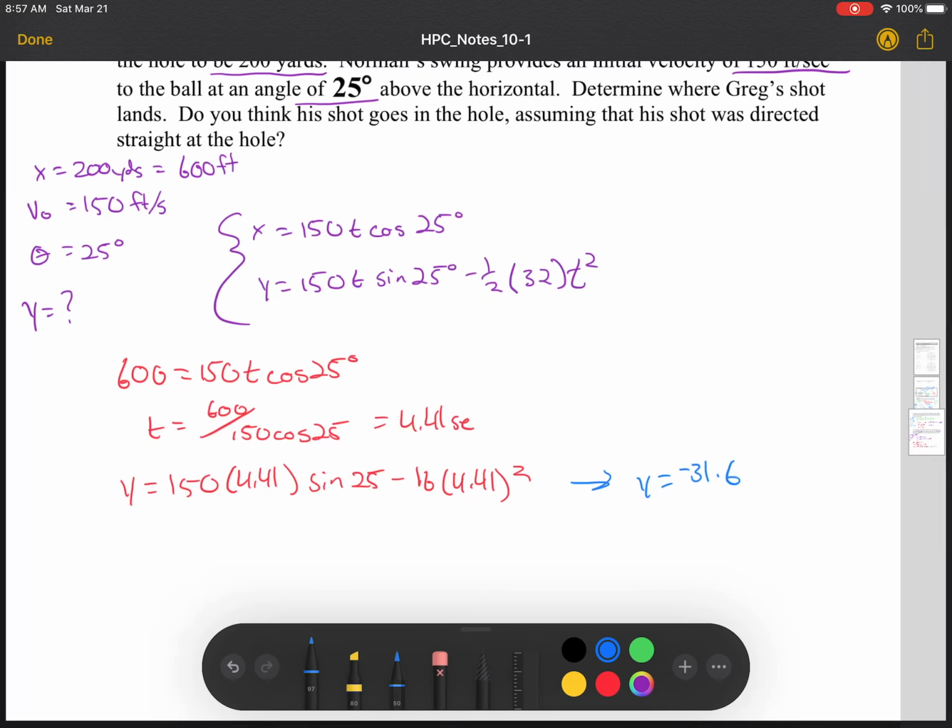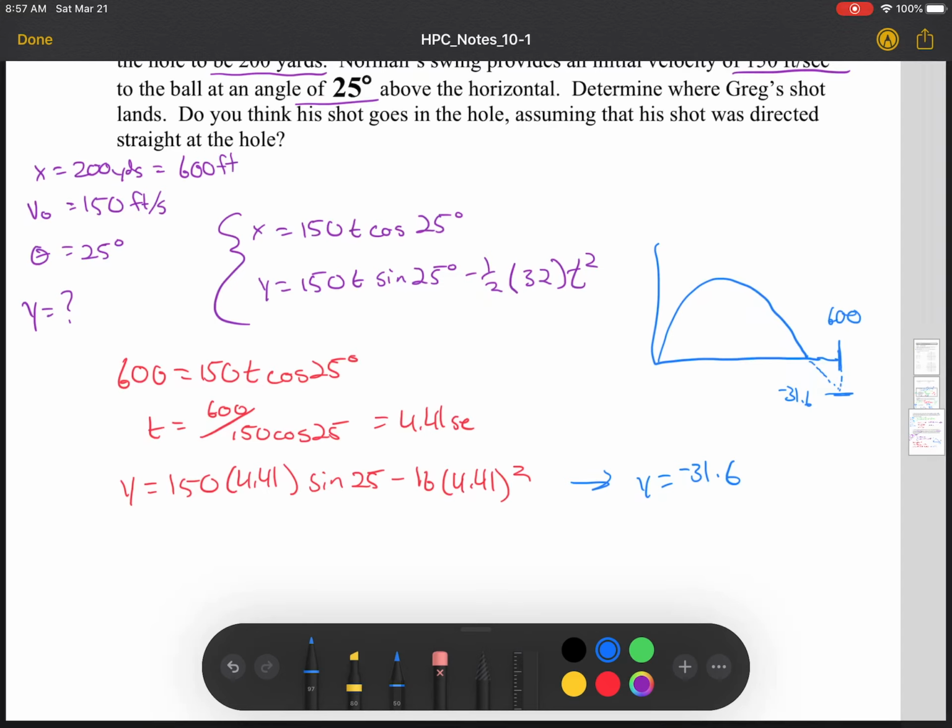And you're going to see that negative number and think, wow, that's weird, it doesn't make sense. If we have our graph right here, we know it's going to do something like that. Let's say that's our 600 feet, and right there is our negative 31.6.